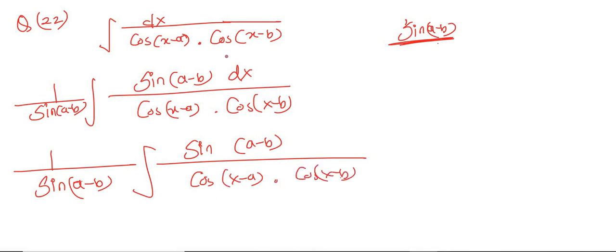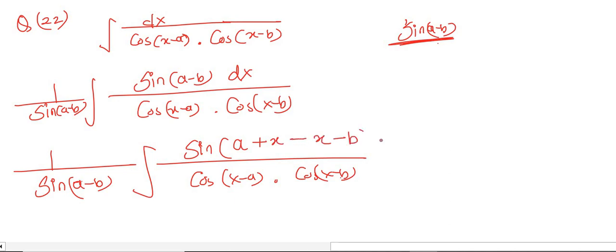Now one manipulation we will do. See here what we will do. This a minus b, can I write this a minus b as a plus x minus x minus b? Can we do that?